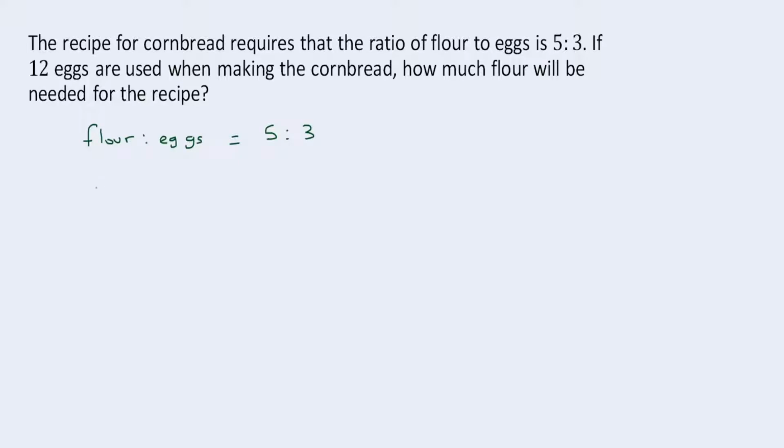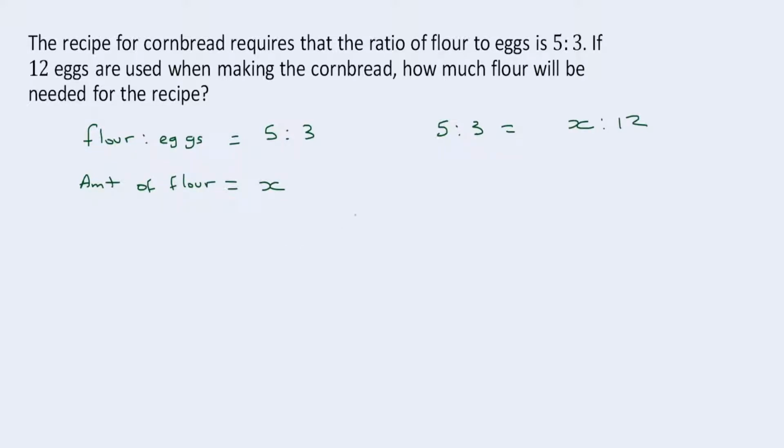So amount of flour is going to be our x. So in this case, we have 5:3 is equal to x to 12.